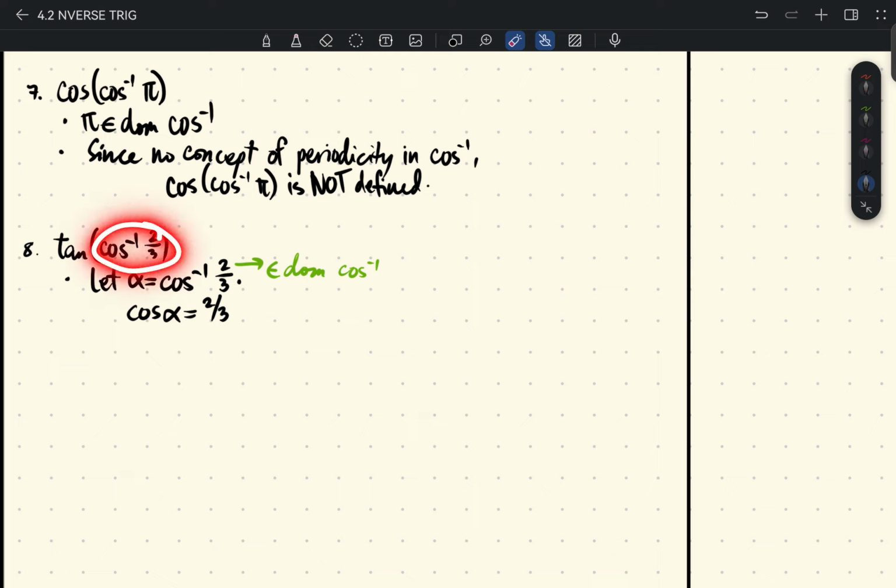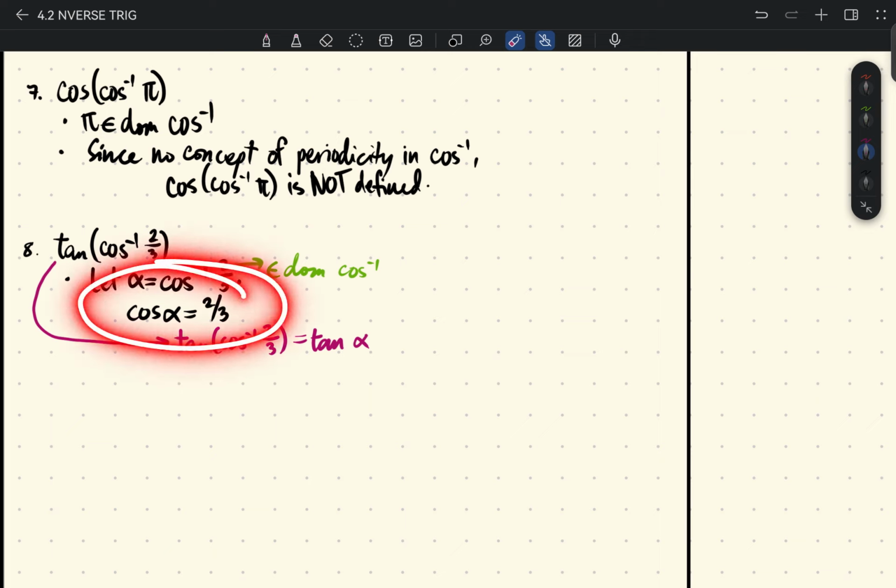Basically, we changed this one into alpha. So we get right here that tangent of cosine inverse of 2 over 3 is just tangent alpha. And luckily, you have right here cosine alpha.